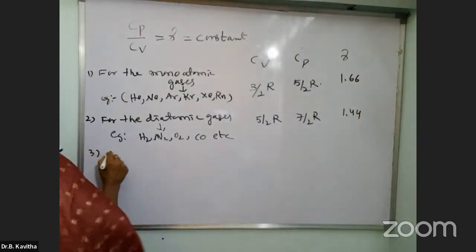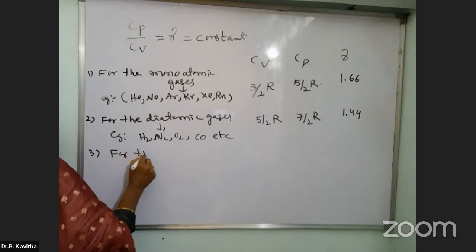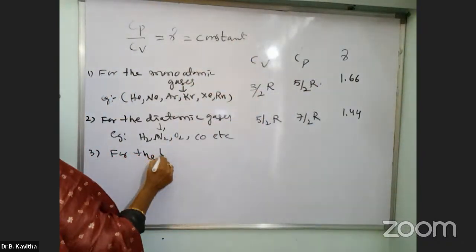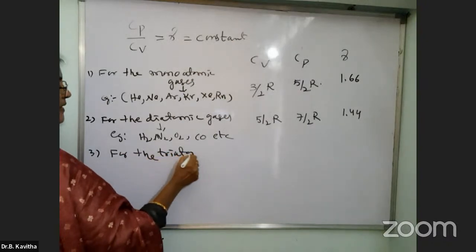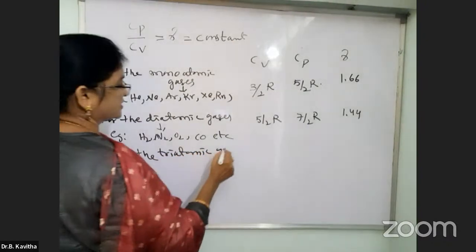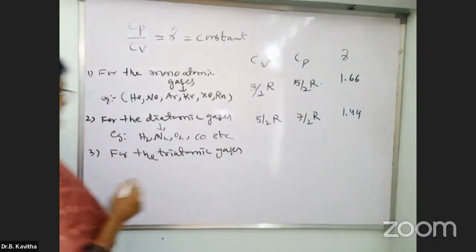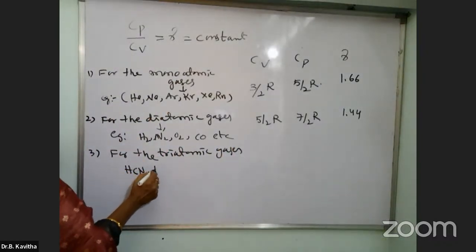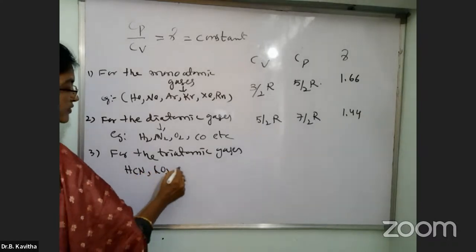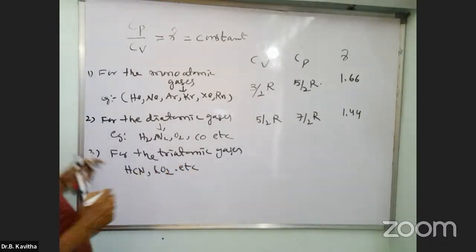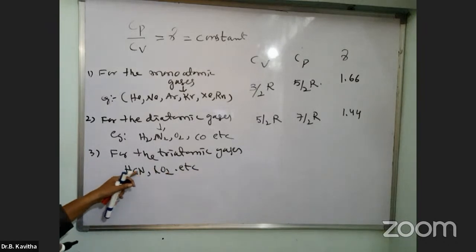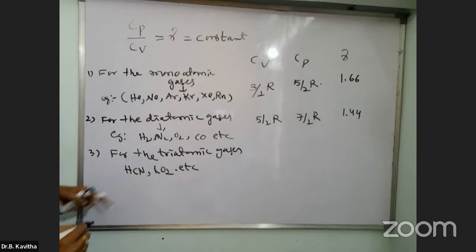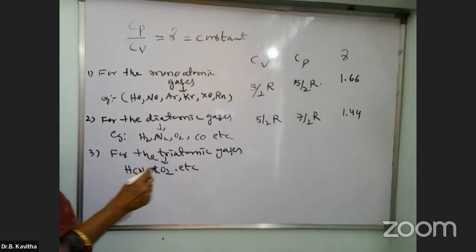Third one is the triatomic gases like HCl, CO2, carbon dioxide, right? So there must be three atoms: two oxygen and one carbon, 3 atoms. So these are the examples for the triatomic gases.